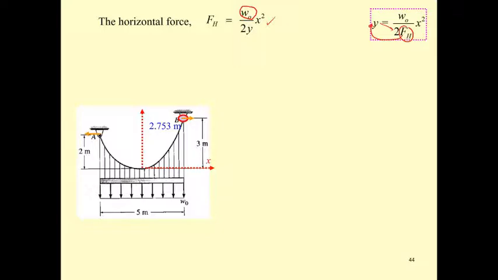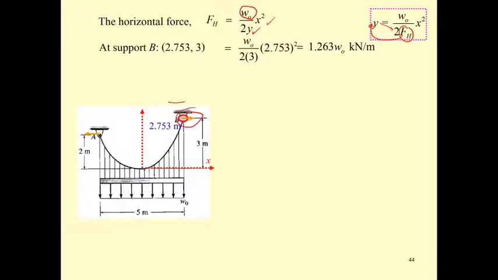Since we have the coordinates of x and y, we can write a simpler horizontal force equation. At B, we have 1.26 times w sub naught, because the T max is here.